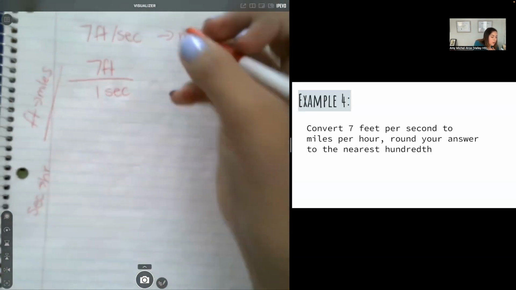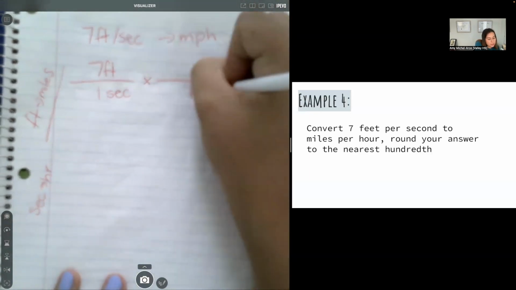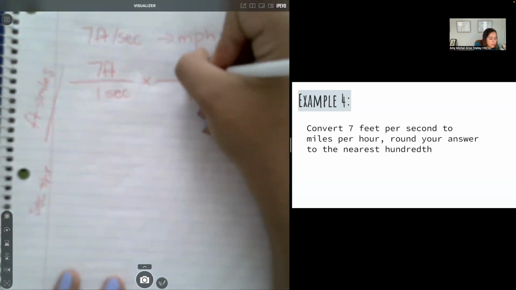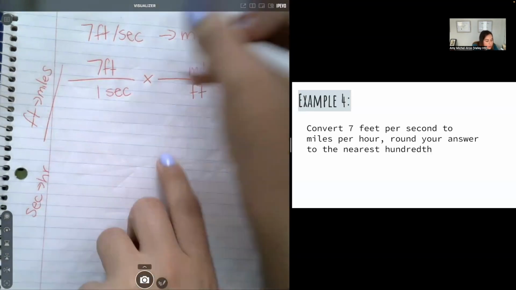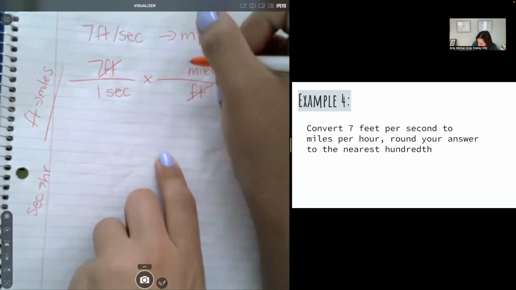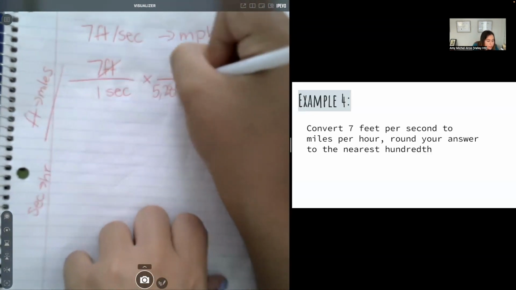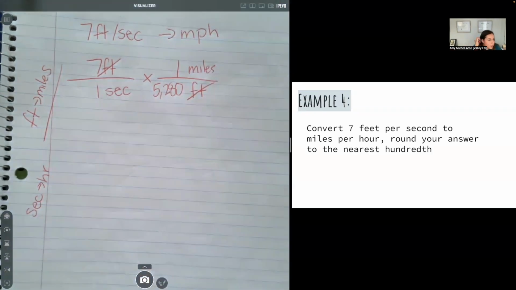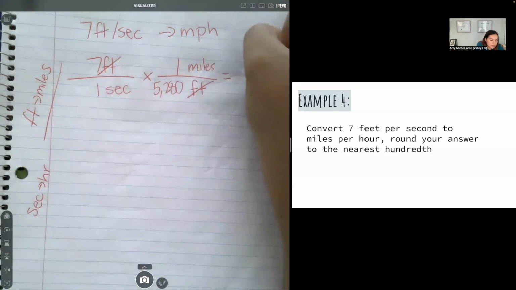7 feet over 1 second. We want to cancel out feet, and we want to relate them to miles. Feet have to go across so that they cross cancel. It's gone. And the last one we know, 5,280 feet are in each mile. Okay, if we do this, 7 times 1 is 7.